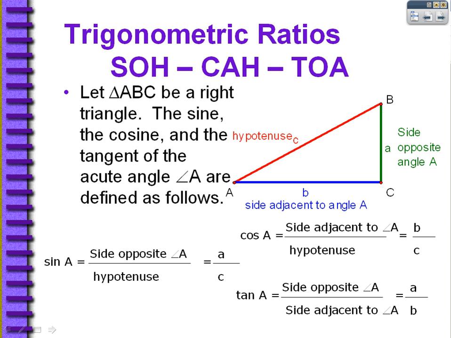There's angle A, there's angle B. We said that the sine of angle A is equal to the ratio of opposite over hypotenuse. So in this case, it was A over B. Make sense? So you're always going to feed an angle into a trig function, sine, cosine, or tangent, right?